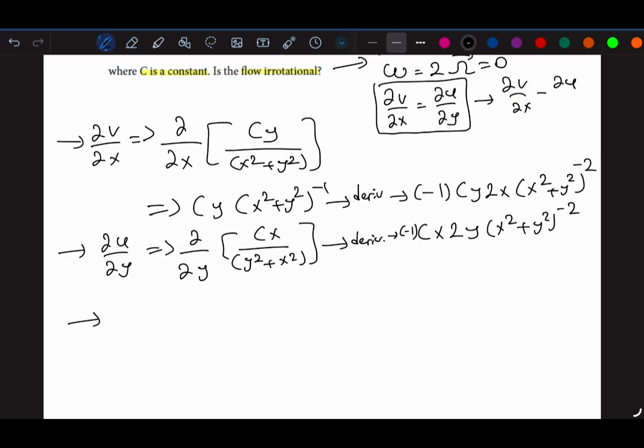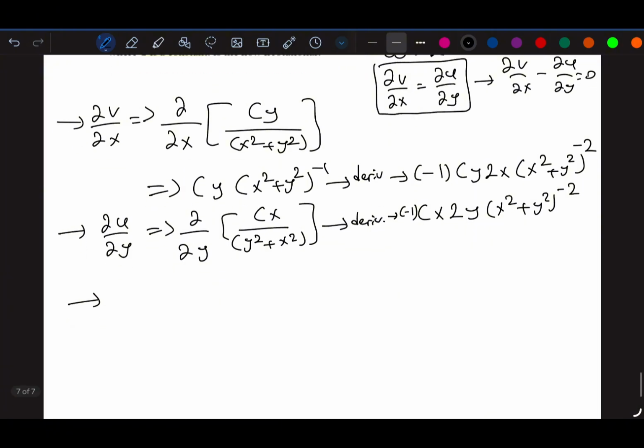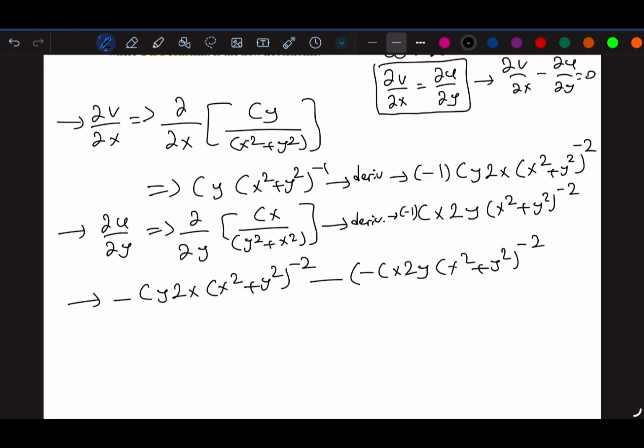So we can also use this as the partial of v with respect to x minus the partial of u with respect to y is equal to 0. Let me write everything we have. We have c y 2x, minus c x 2y times x squared plus y squared to the power of minus 2.